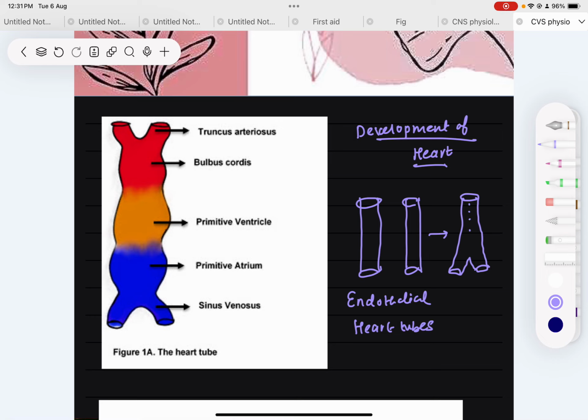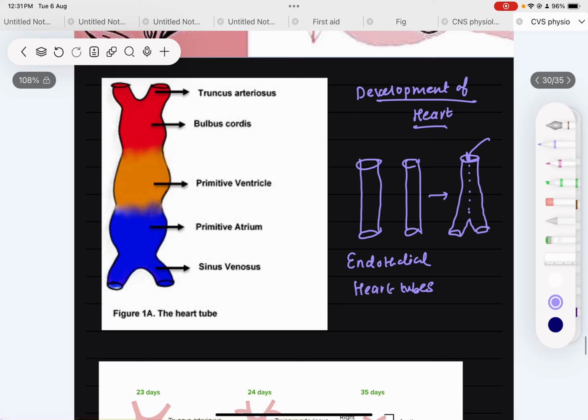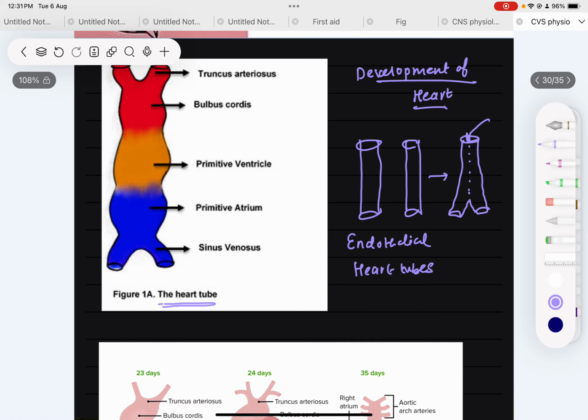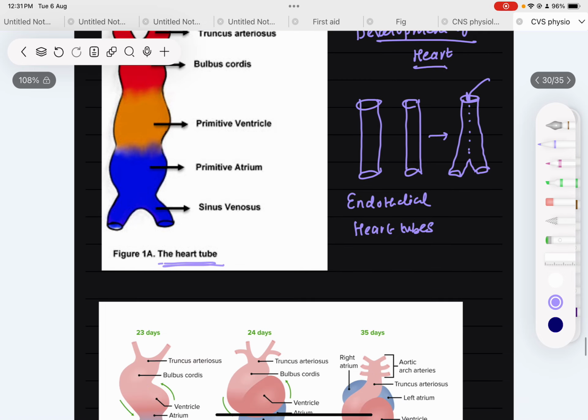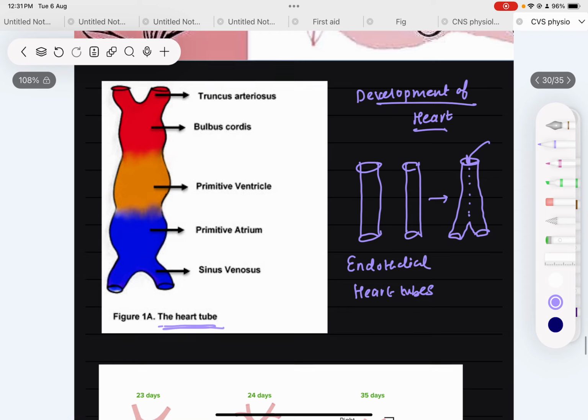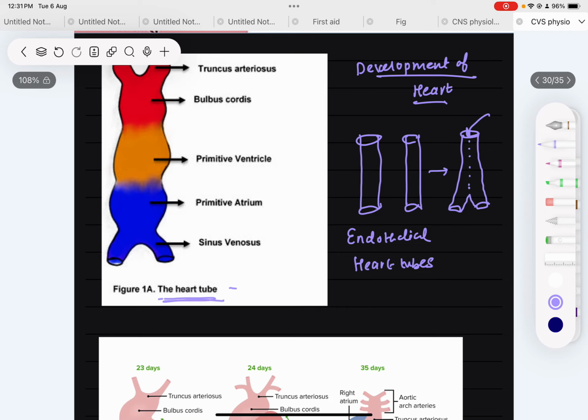The beginning of fusion of the heart will form from this end. So the heart tube will form. This heart tube will form at 22 days.